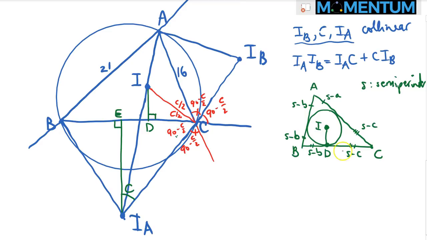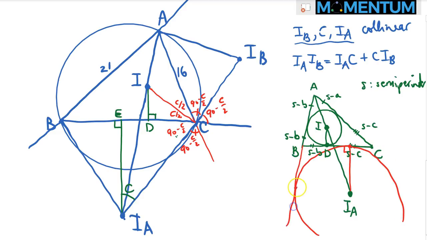Well, what you can do is, if you locate the excenter, let's say somewhere around here, suppose that this is I_A, the excenter, meaning if you draw the circle here, the excircle, let's go ahead and do that. So I drop this perpendicular here, so you have this nice circle which will be tangent to these sides, right? So over here and maybe over here too.